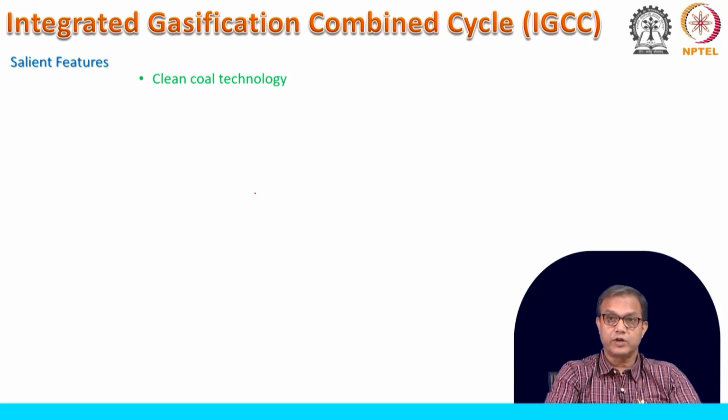Basically this coal is fired and then finally the steam is produced, and that steam will be used to run the turbine to generate the power. That is what the thermal power plant is, that is how it works.